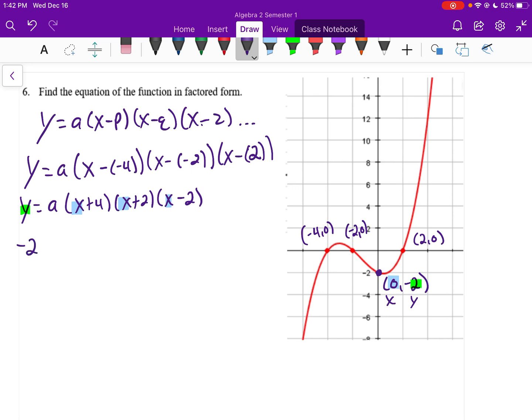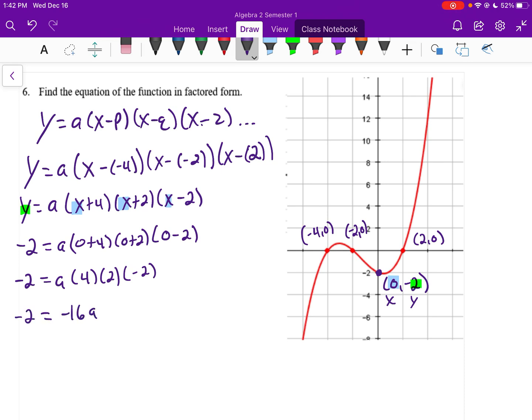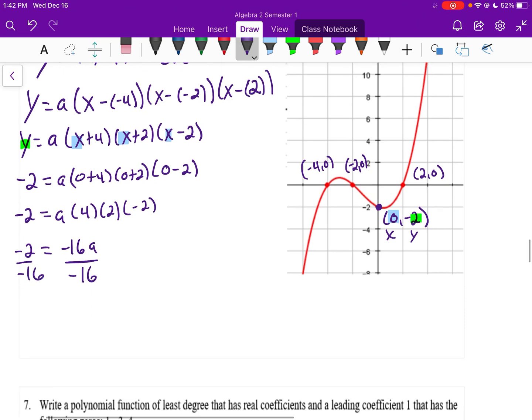So we get -2 is equal to a times (0 plus 4)(0 plus 2)(0 minus 2), so -2 is equal to a times 4 times 2 times -2, or -2 is equal to -16a. Solving for a, you should get an a value of 1/8.